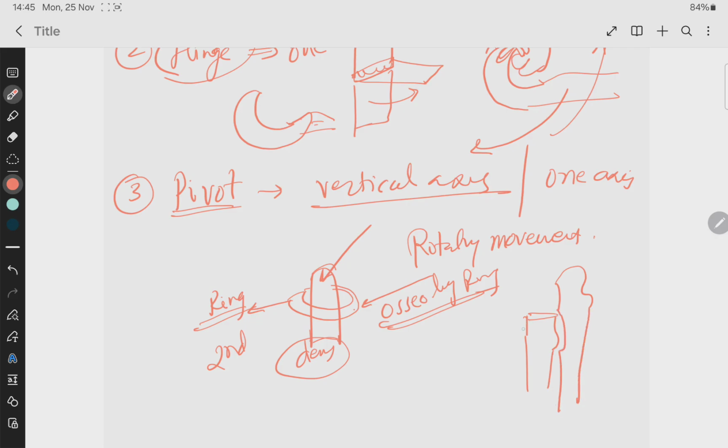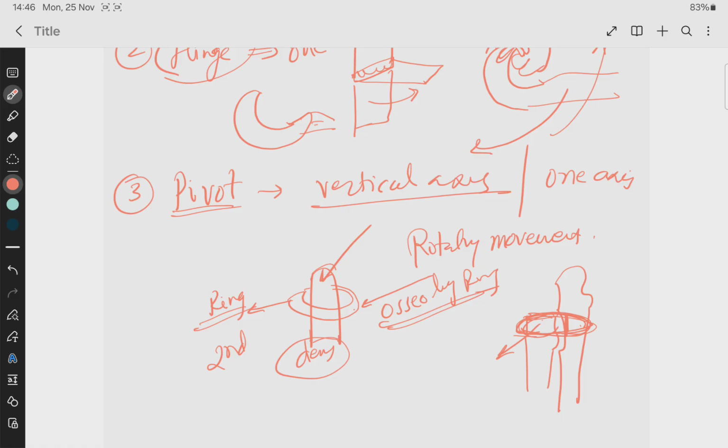There is a ring which surrounds it, the annular ligament, and the ring is fixed like this. The head of the radius, that is the process, is moving. That is the superior radioulnar joint.